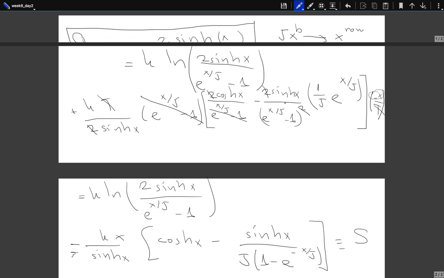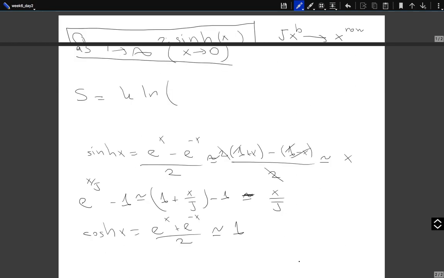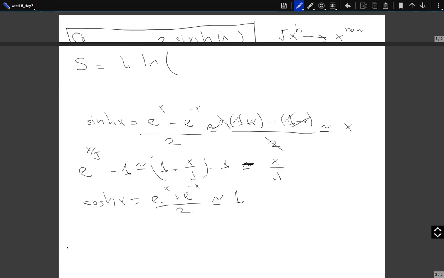No, here we have e to the power x over j minus 1 multiplied with this factor, so basically I just moved it to the denominator. That is why there is also a minus sign over there. We also have one more term, 1 minus e to the power minus x over j, which is approximately 1 minus x over j. This is also x over j.